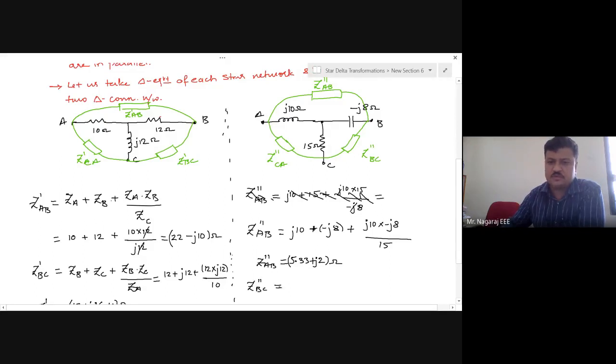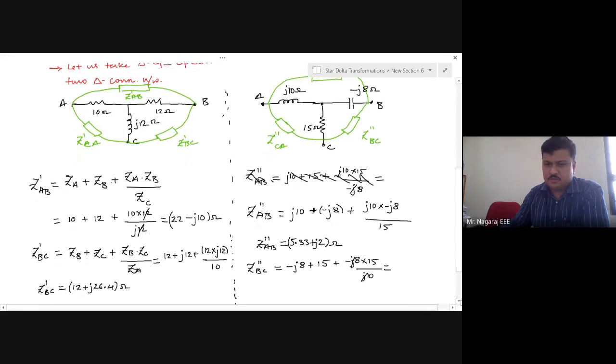Similarly, ZBC double dash is equals to, it is ZB is minus J8 plus 15 is ZC plus minus J8 into 15 divided by plus J10. So this J and this J will cancel. 8 into 15 is 120.